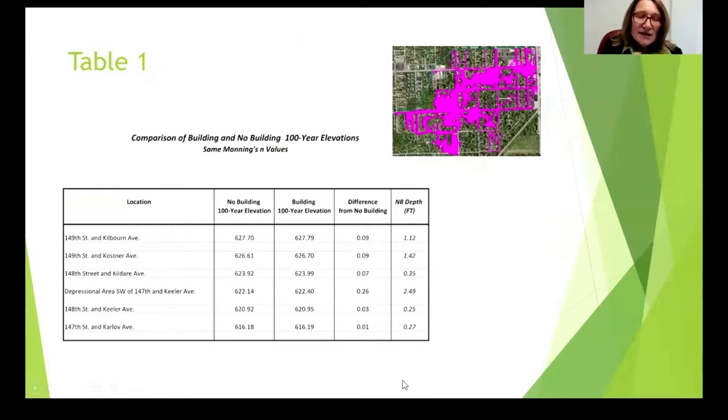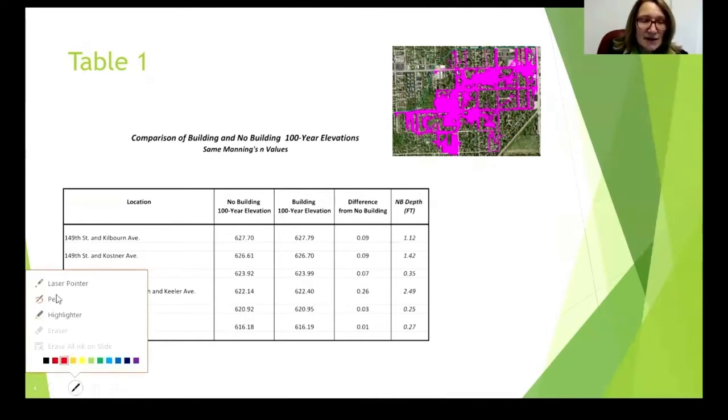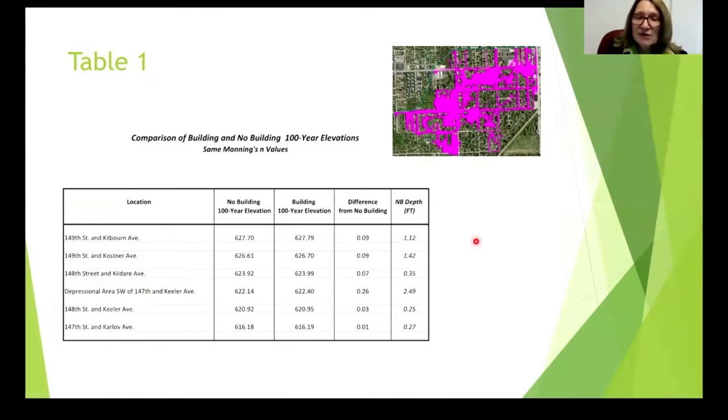So let's go ahead and look at the results we've got. Mentioned that we've got this area, pull up our laser pointer here, 147th Street again, 149th here, 148th. Again, the land is so flat in Chicago, it's very easy to do a grid system.